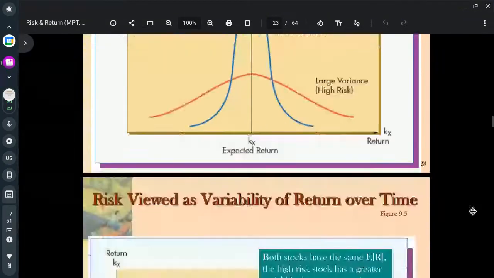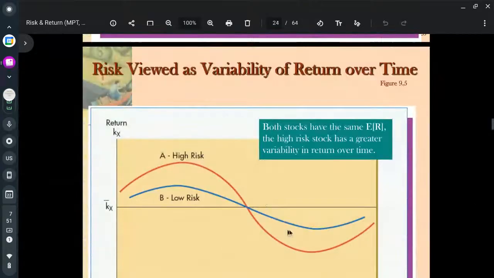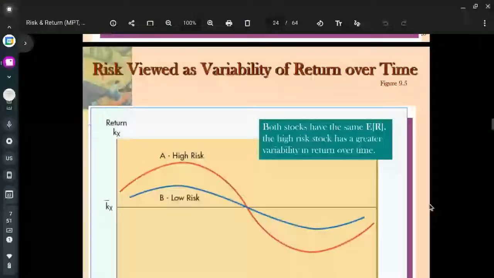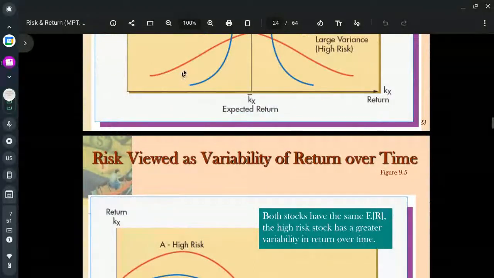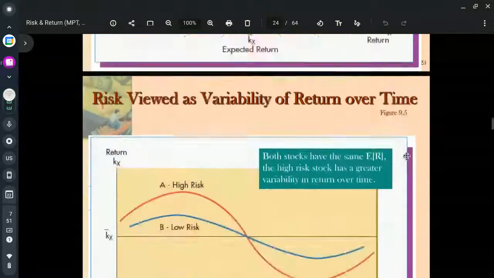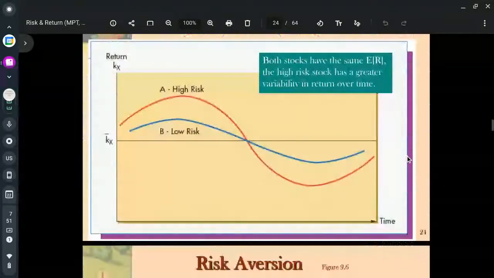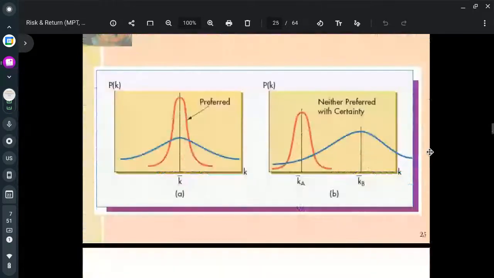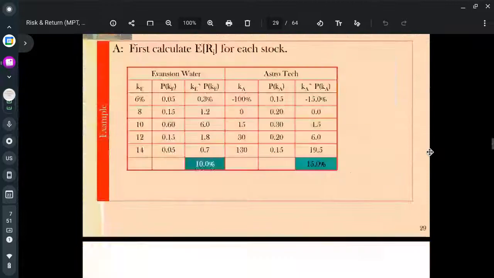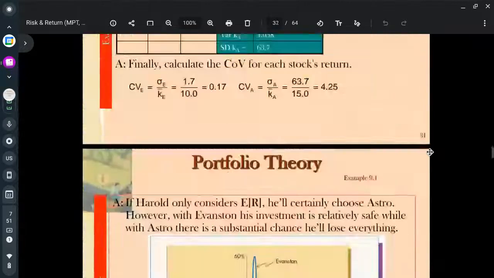And then there are times when stocks are distributed to the left side, right? So a low risk stock has less volatility, whereas a high risk stock has more volatility like this, right? Over time. And then think about it.